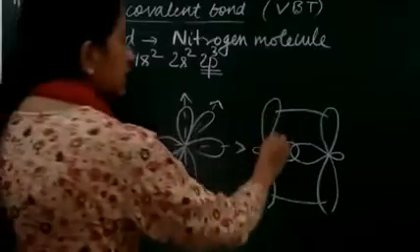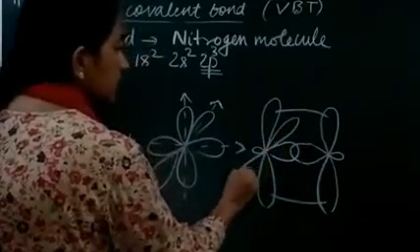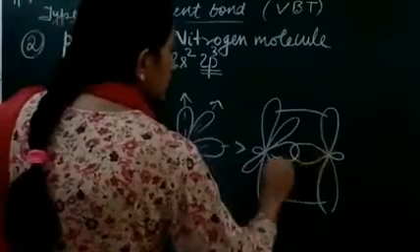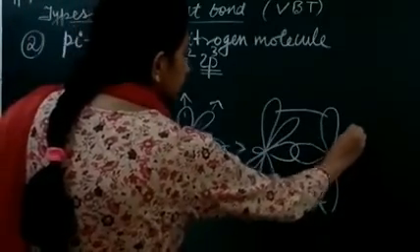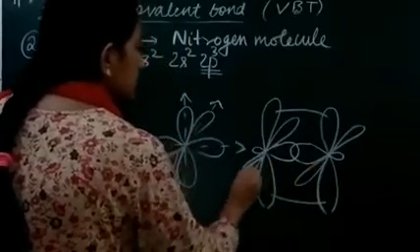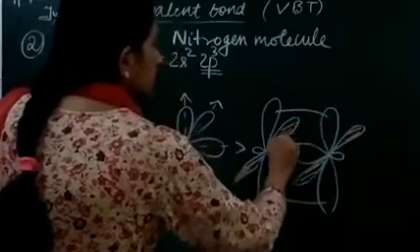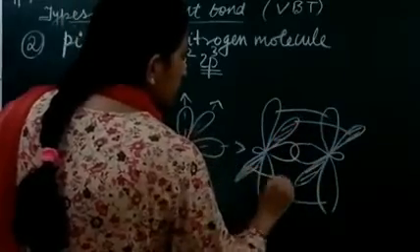The other pi bond which will be formed is this one. So this is the pi bond which is formed, right?